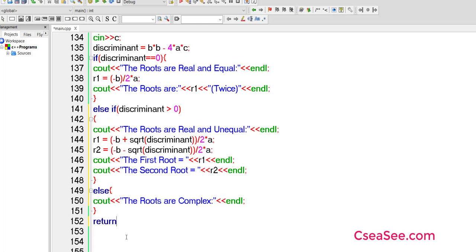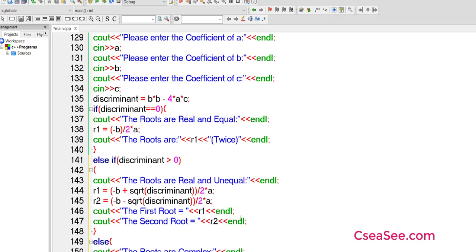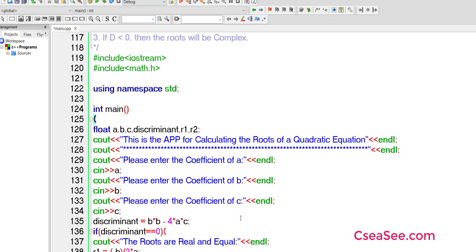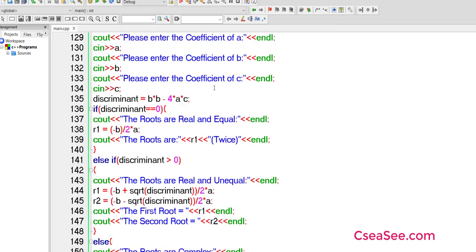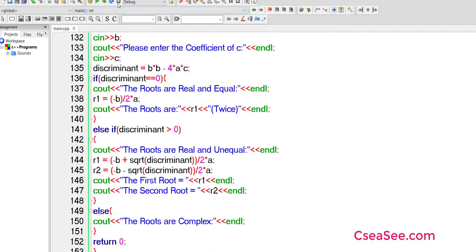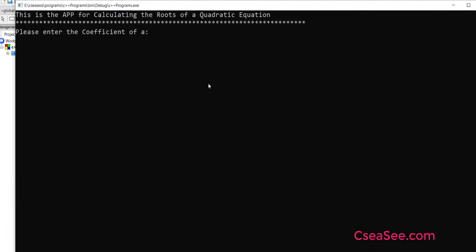So let me close this here and give return 0, and then finally the closing parenthesis. This looks fine. Probably I will reduce a few of the asterisks. So I save it and I run it.